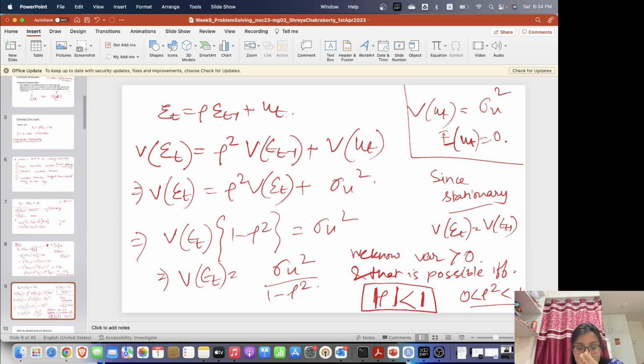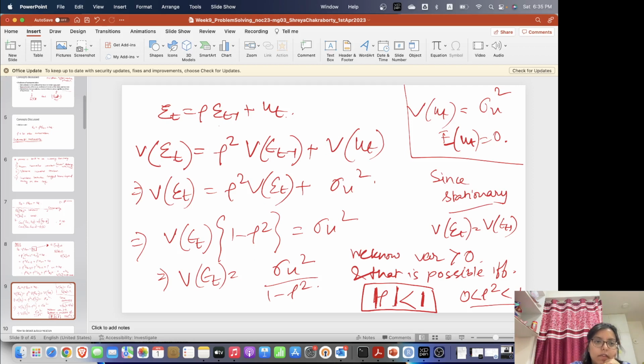If this holds, then only we would have variance of epsilon t equal to some constant, and the expectation will also be equal to some constant, and the covariance between epsilon t and epsilon t minus k will be rho to the power k.